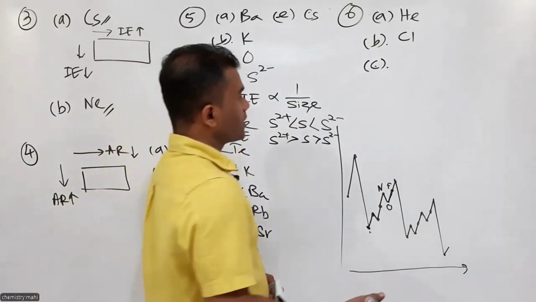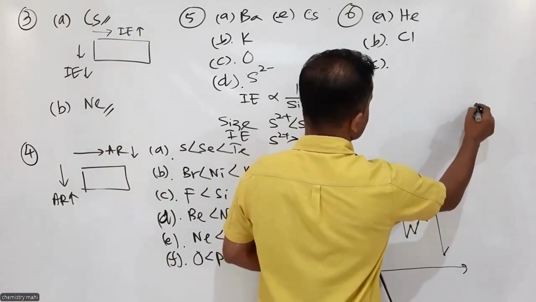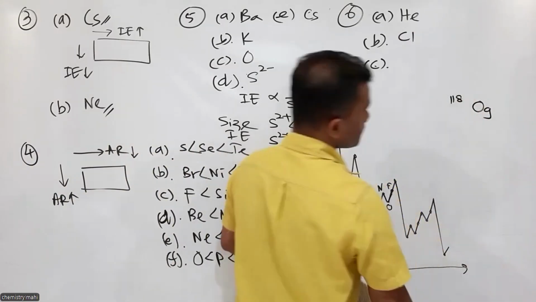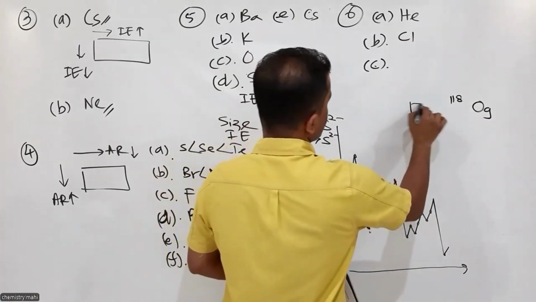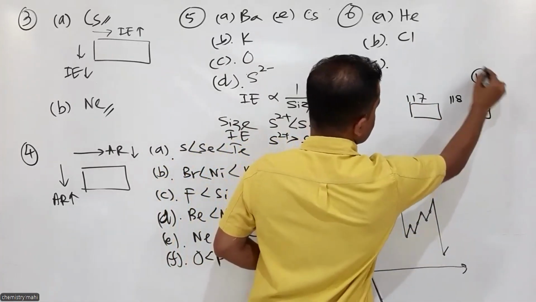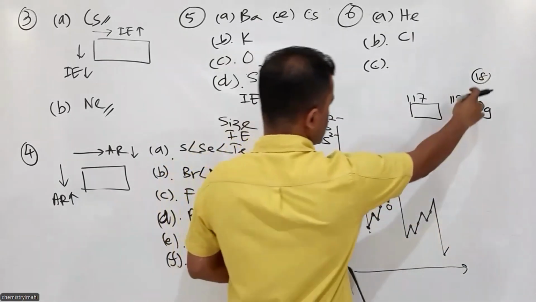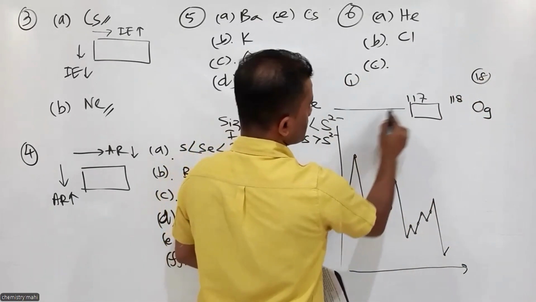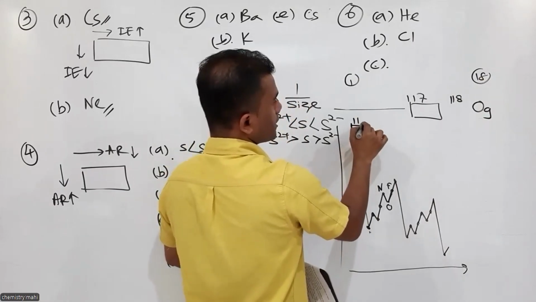In the periodic table, you see the last one, Og, 118. Before that, you have 117. This is the last one, group 18. Then definitely 119 should come to group 1, but in the next period. This is where you have 119.